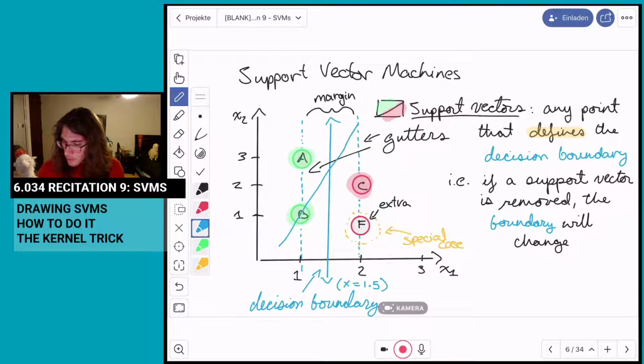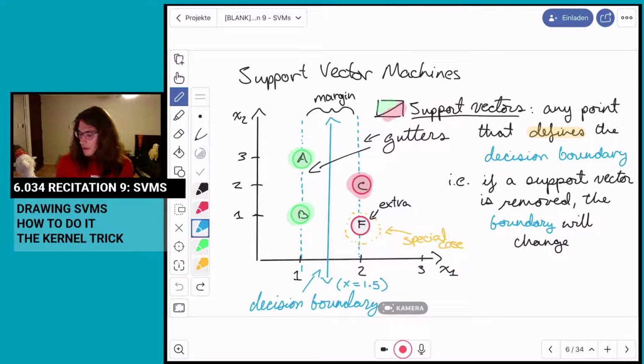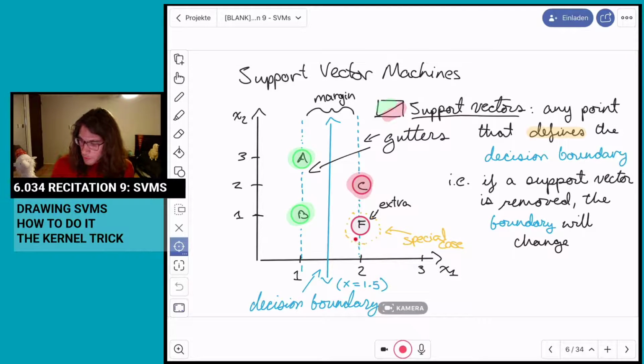If I were to remove C, for example, I would also get a decision boundary like this. So moving the support vectors would cause the decision boundary to change, and you can quickly explain to yourself, at least preliminarily, if I were to remove F, the decision boundary wouldn't change. So that's already another reason why we're not considering it a support vector. And I've already written here that it's a special case.